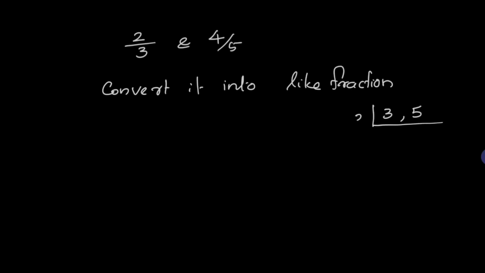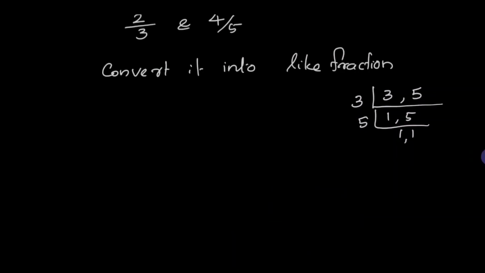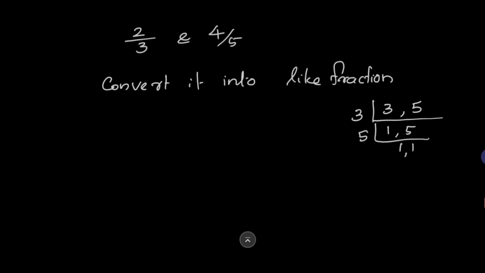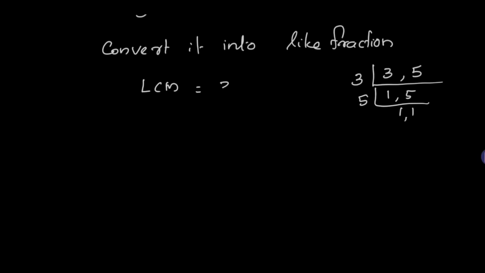There is no common factor. This is the method: the last row should be 1, 1. Up to that we have to divide by any one or each one of the given digits. So LCM equals 3 into 5, which is 15.